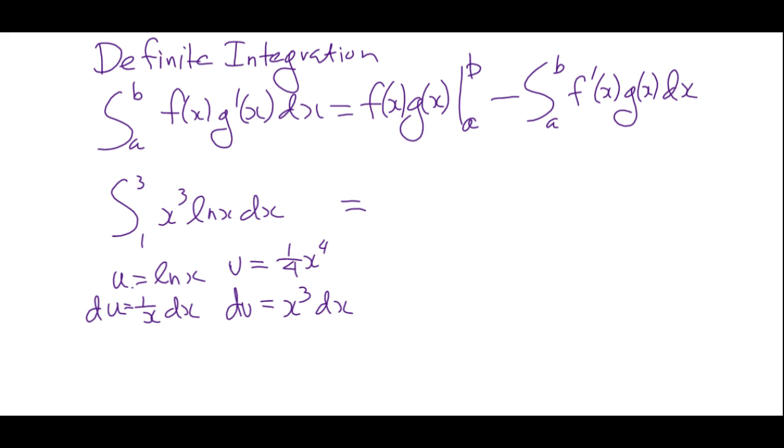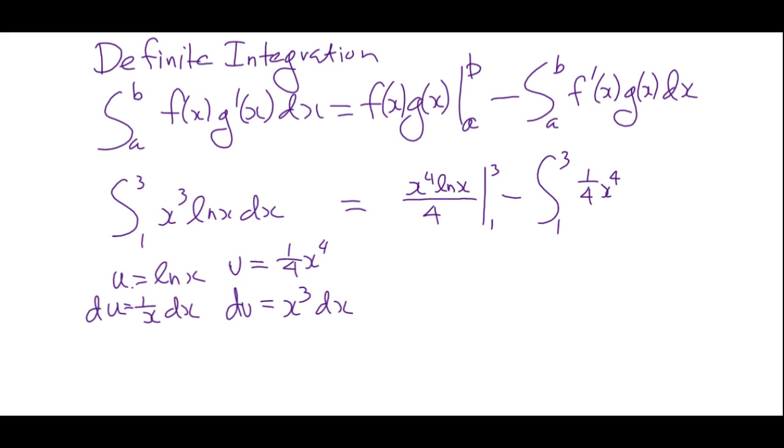So this is equal to, okay, what do we got? F of x, so uv, so x to the 4th ln x over 4, evaluated on the interval from 1 to 3, minus the definite integral from 1 to 3 of 1/4 x to the 4th, right?